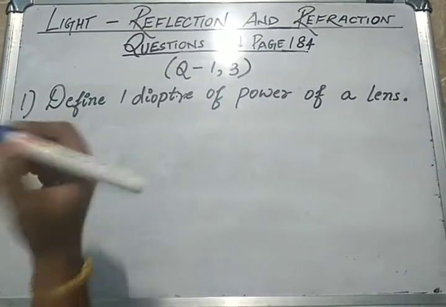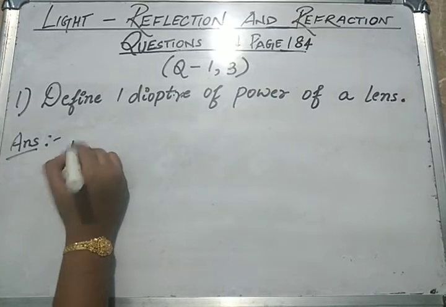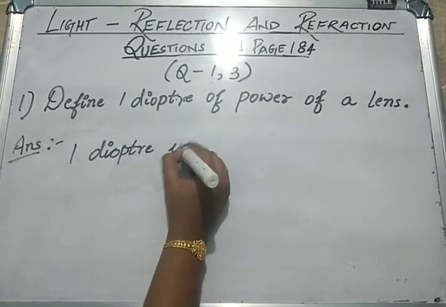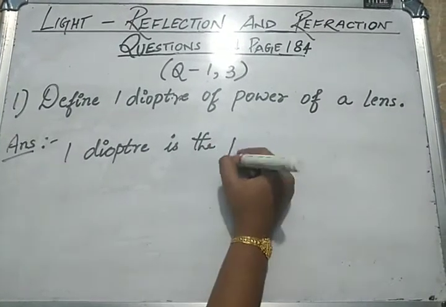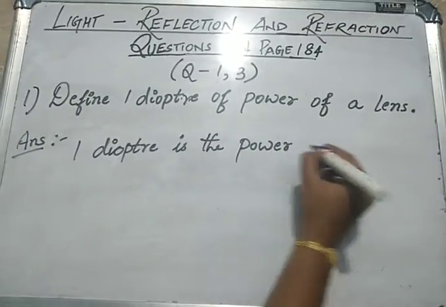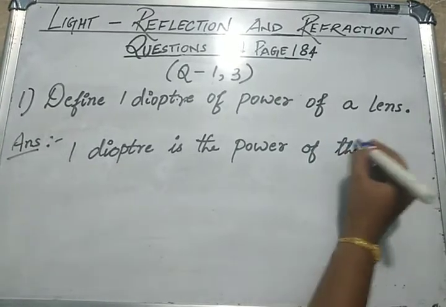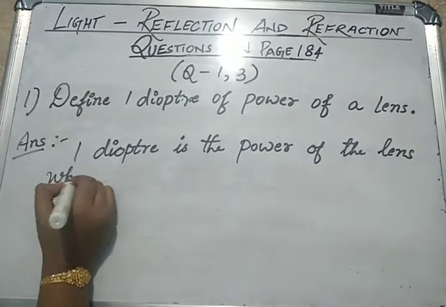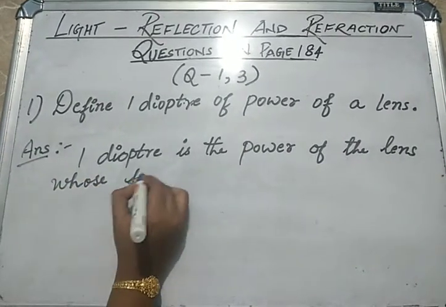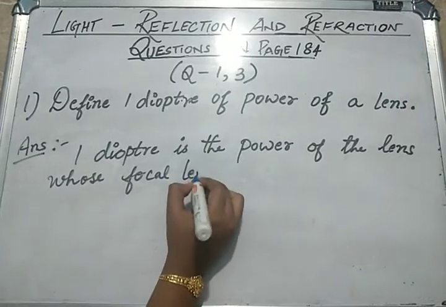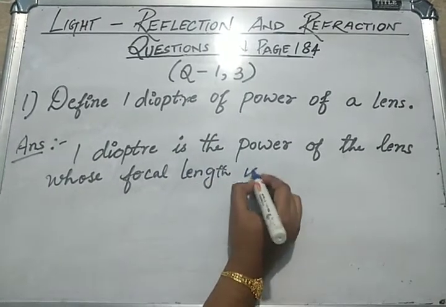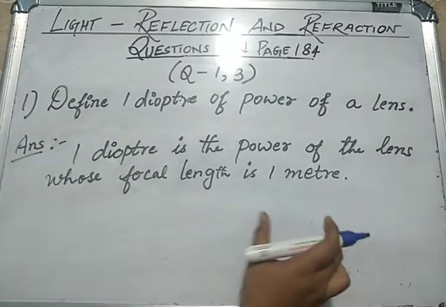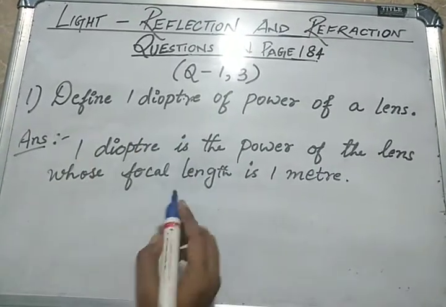So the answer or the definition is, one diopter is the power of the lens whose focal length is 1 meter. If the focal length of the lens is 1 meter, then the power will be 1 diopter.